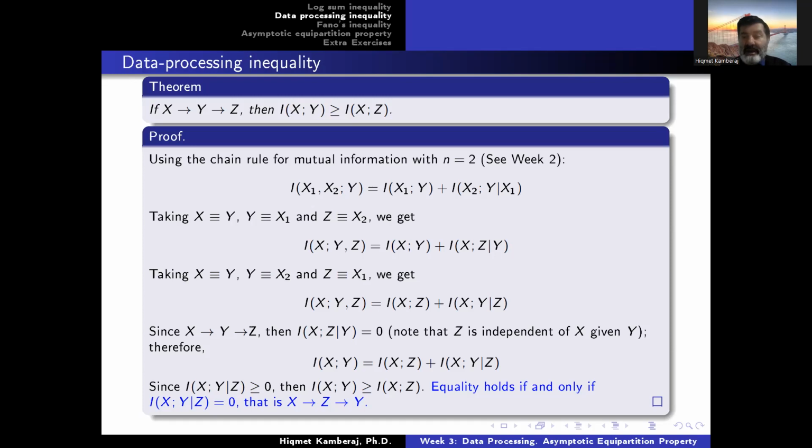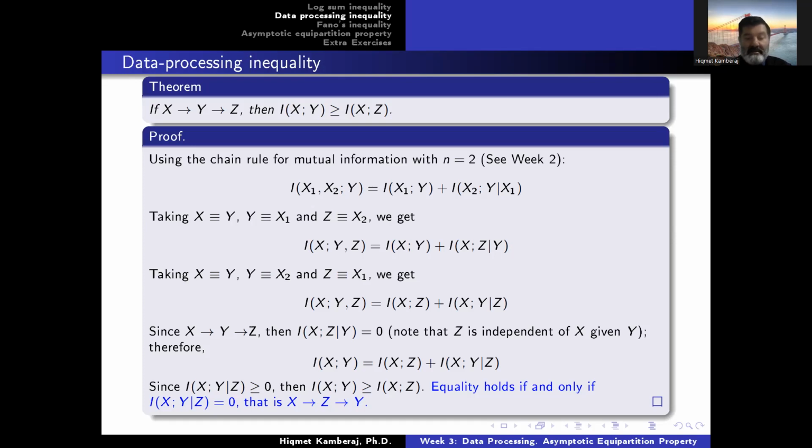Now, since x, y, z form a Markov chain, we have said that the mutual information between x and z given y is equal to 0, because z depends on y, but is conditionally independent of x. So this makes this conditional mutual information equal to 0.